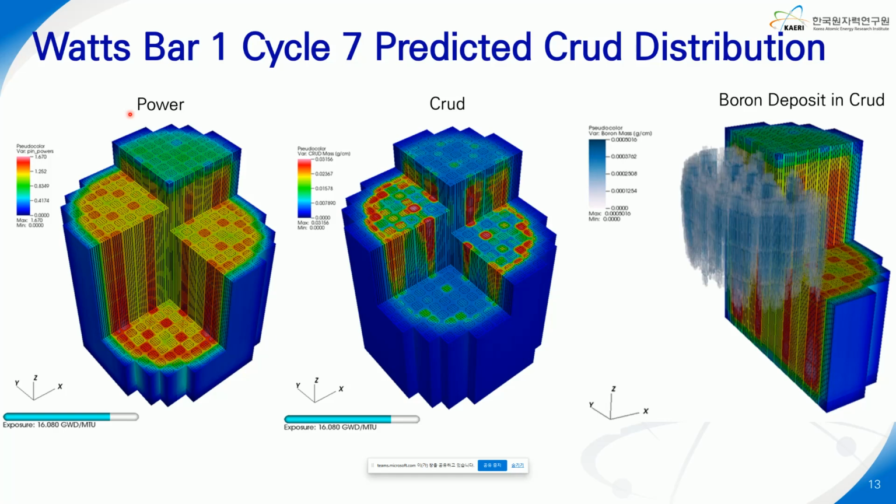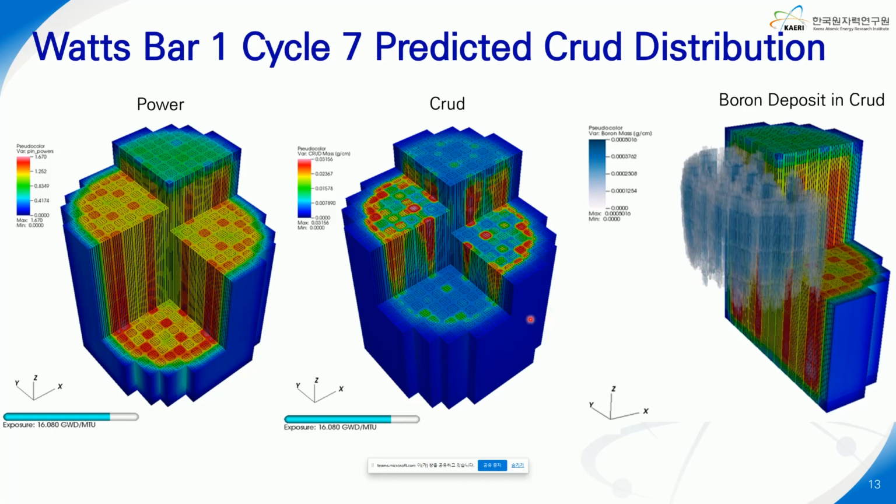Namely, the power is more shifted to the bottom than the predicted ones in the cycle design calculation. Later, it turned out that it was because of the crud formation at the top of the core, which is hotter than the bottom. The crud absorbed boron in the coolant, so that boron is deposited at the top, causing the power shift to the bottom.